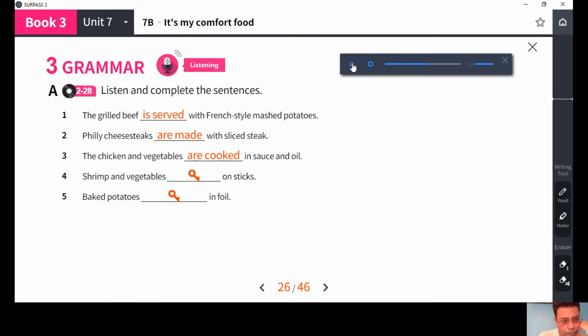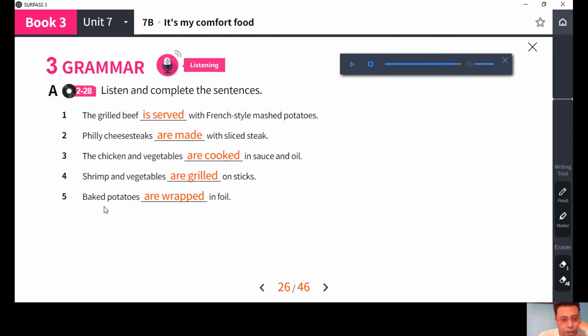Number 4: are grilled on sticks. So are, because we have two elements here, shrimp and vegetables. And baked potatoes. Potatoes, you know, is plural, so we are going to use are, and we will check the verb. So are wrapped in foil.